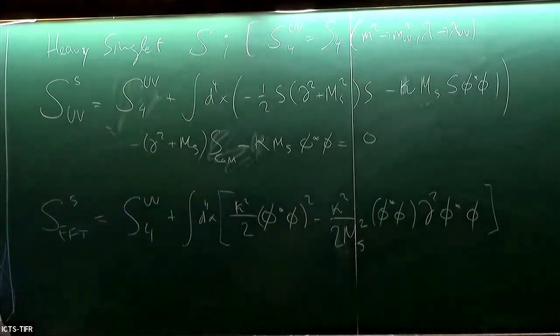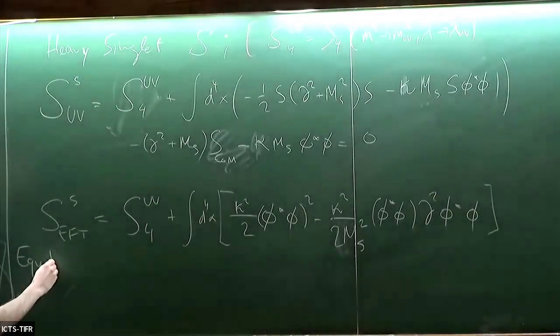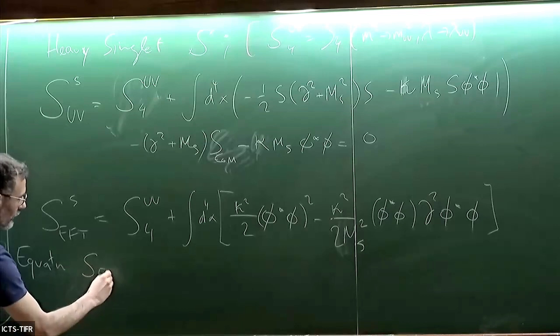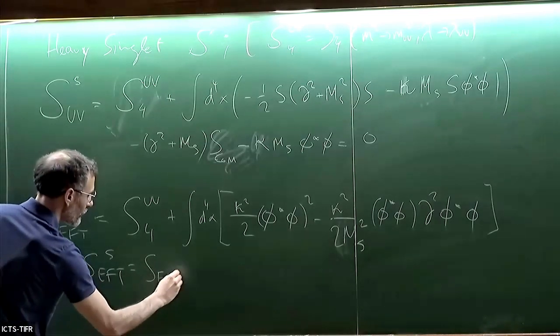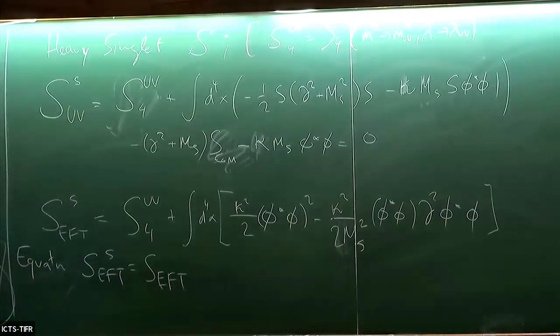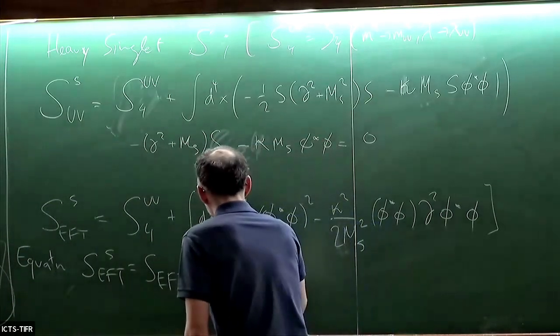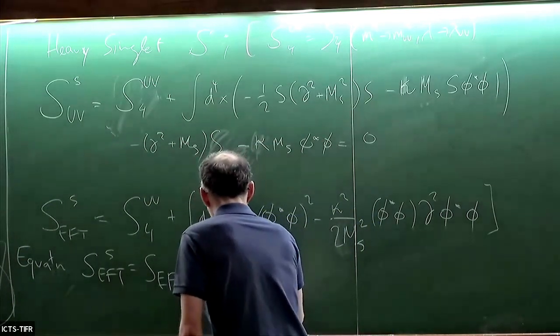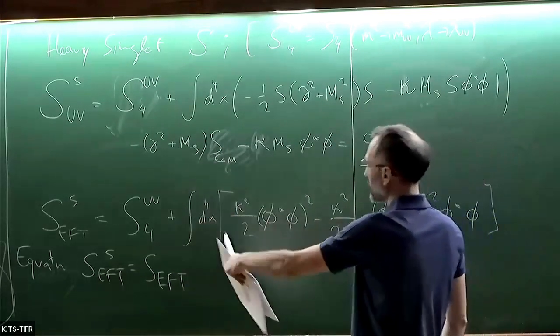That will give me, for the phi-4 term, by equating S EFT and the S EFT we had, reconciling the two, you'll see that the coefficient of phi-4 is minus lambda fourths.